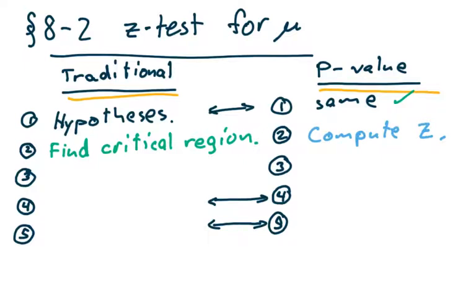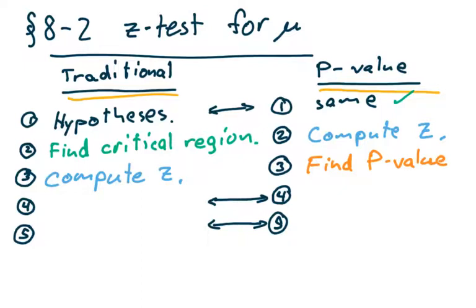And then, with the traditional method, we then compute z, and then based on what our z-value is and what we found the critical region to be, or more importantly, the critical z-values that define the boundaries of that critical region, that's how we'll make our decision.